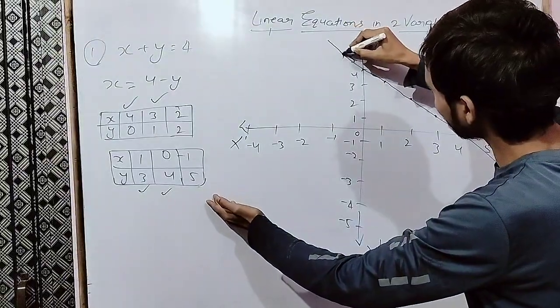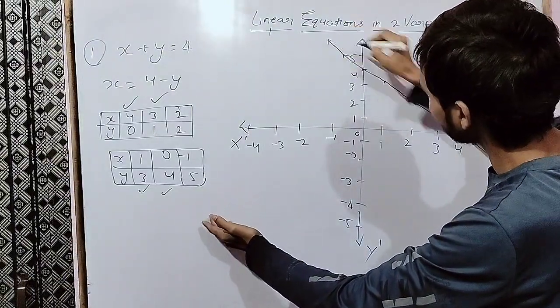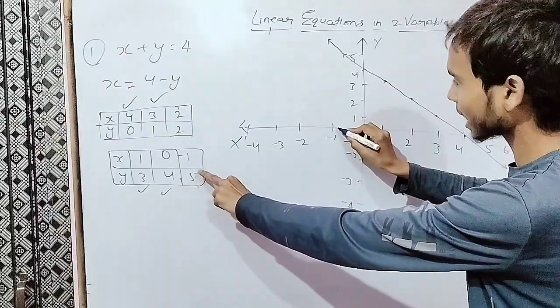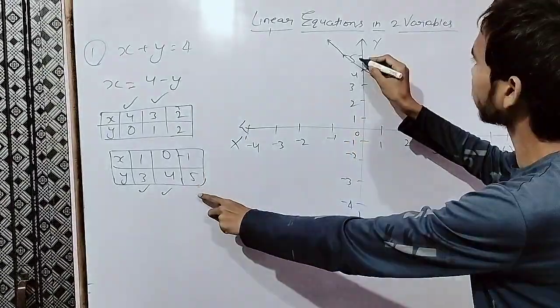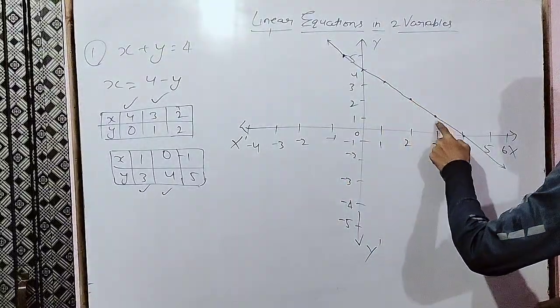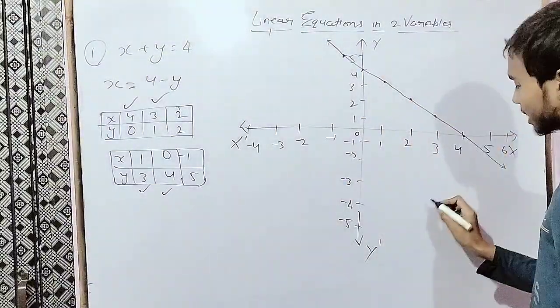Now here, x is minus 1, on the x-axis, and y is 5, so this is coming here. 1, 2, 3, 4, 5, 6 solutions.